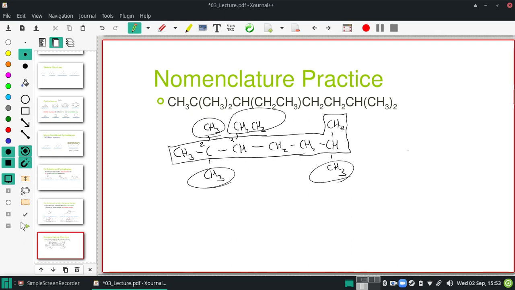So I'm going to call that the 2 position. This is 3, 4, 5, 6, 7. So I have a heptane, and I have methyl groups and ethyl groups. Ethyl is alphabetically first. So 3-ethyl, 2,2,6-trimethyl heptane.